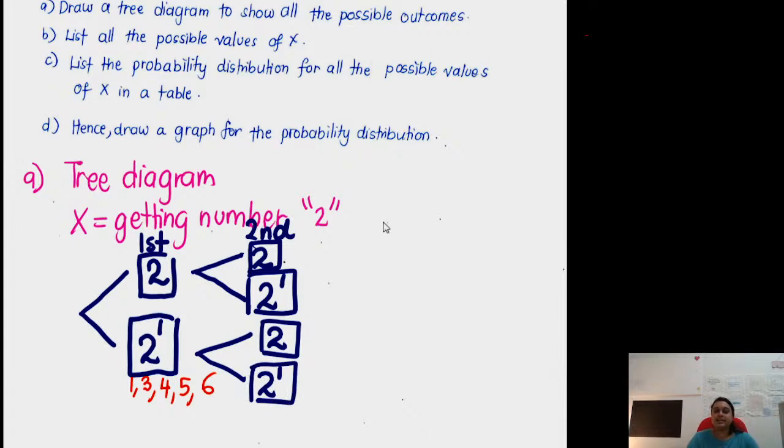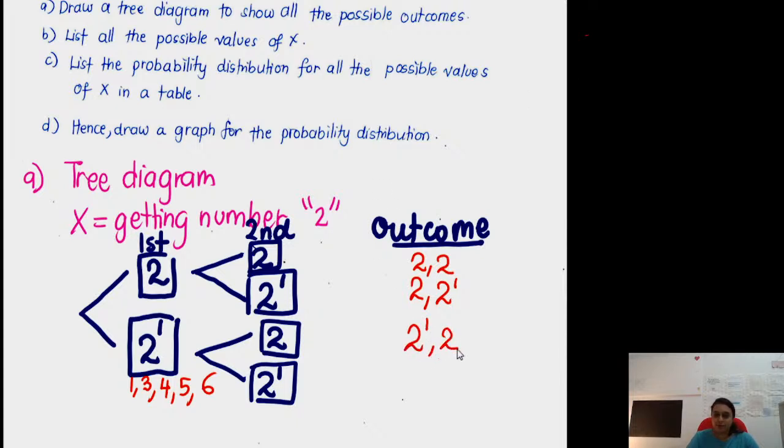Okay, now let's try the sample space. Sometimes another word for sample space is the outcome. Remember sample space or the outcome. So here you have number 2 and number 2 coming out. Second one, number 2 and 2 prime. Third one, 2 prime and number 2.